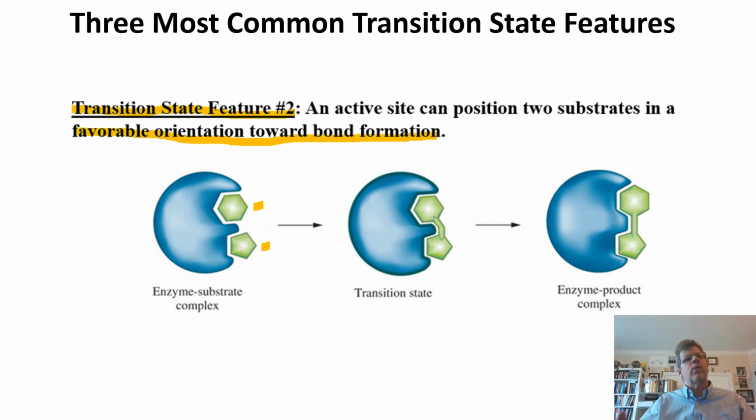We take all of the guesswork out of it, all of the randomness and collision theory that we have in determining what the rate of a chemical reaction is. We take all that out because we have an enzyme which literally forces the two covalent structures right next to each other so that that bond can start to form here in the transition state, and over here in the enzyme-product complex it has completely finished forming that covalent bond.